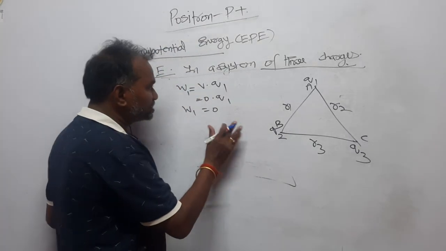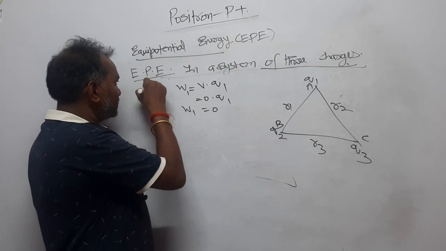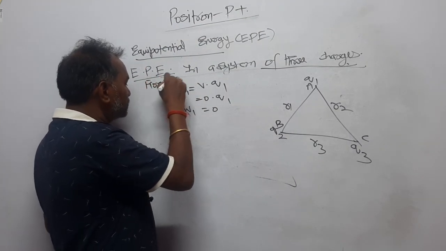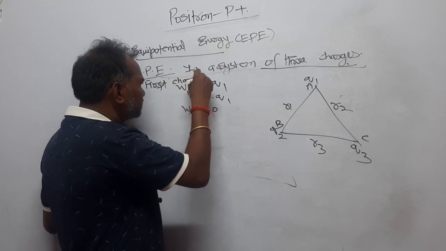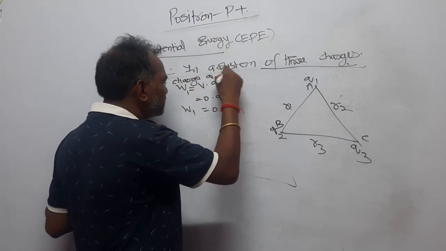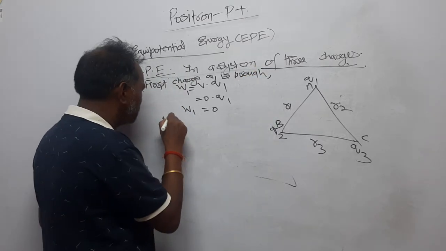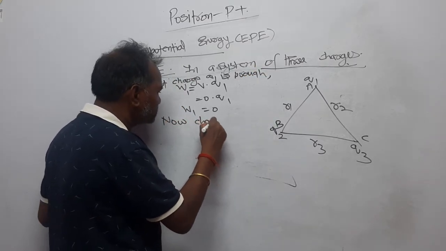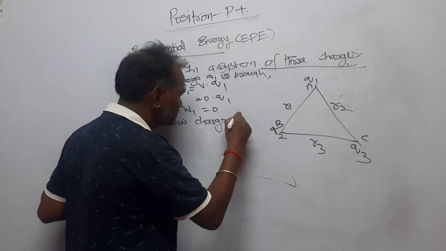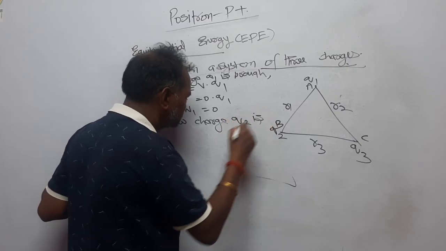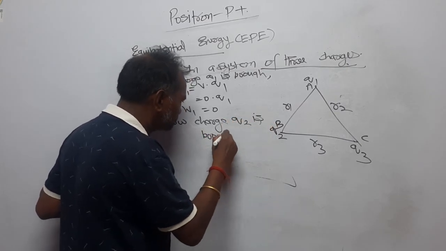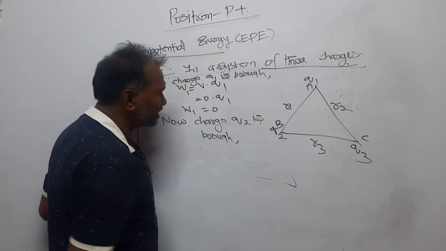Now bringing charge Q2. First charge Q1 is brought. Now charge Q2 is brought. What happens?